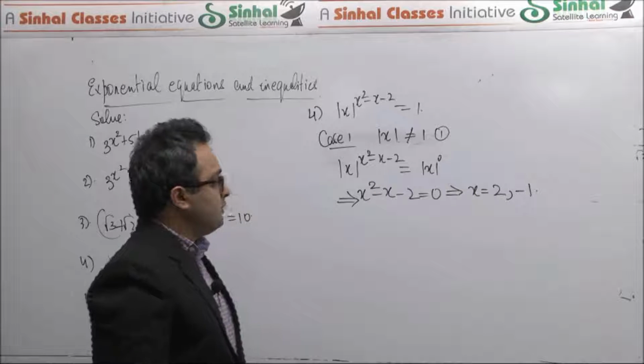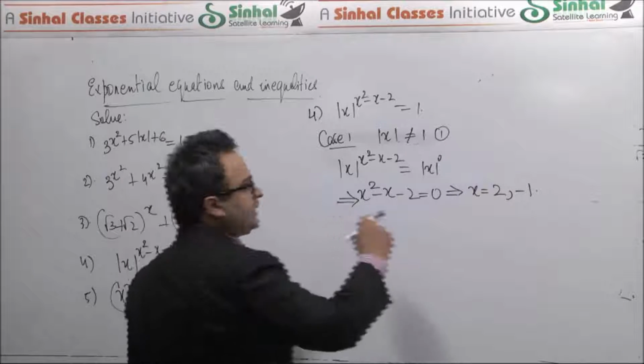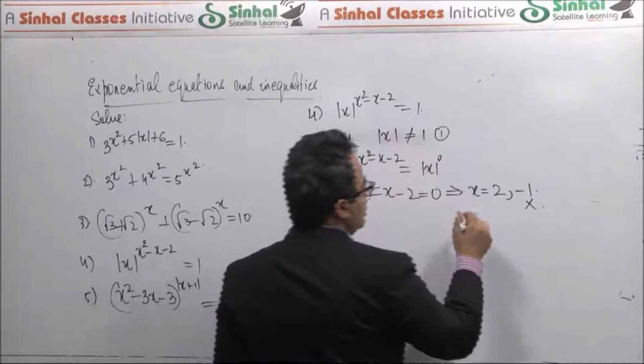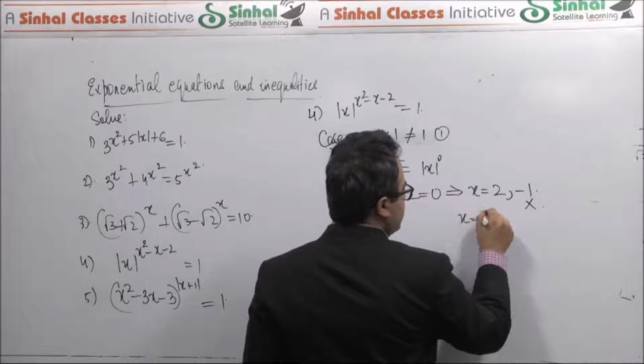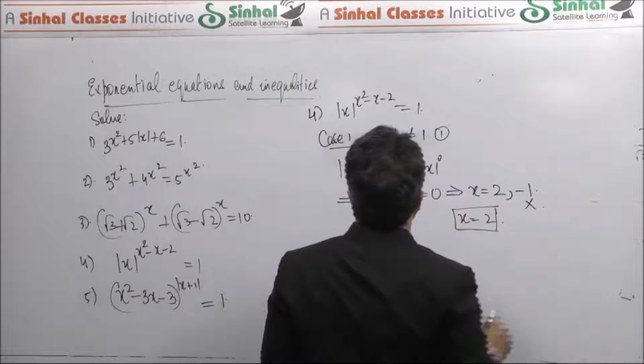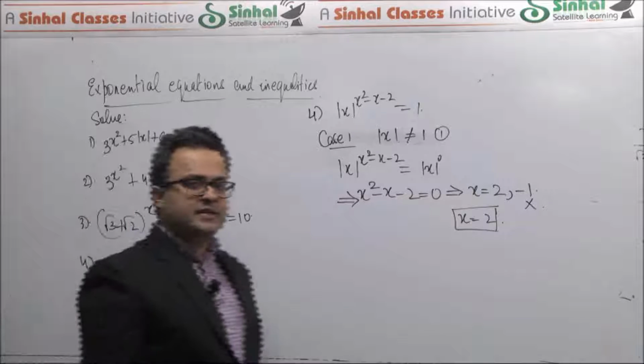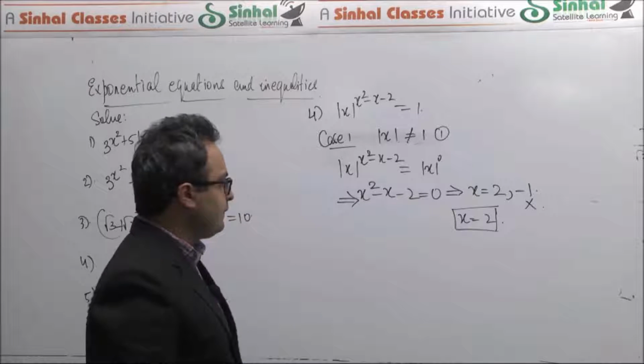But out of these values, for this particular case, I'll have to reject minus 1 because I'm assuming over here that mod of x is not equal to 1. So the first case gives me x equal to 2 as a possible solution.